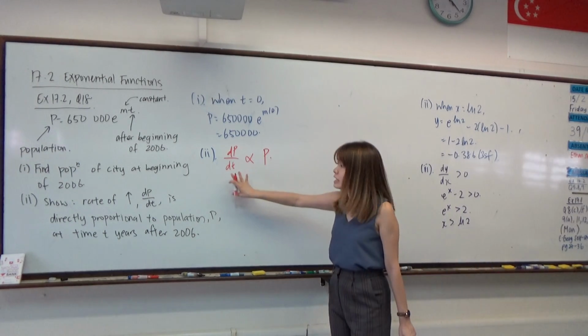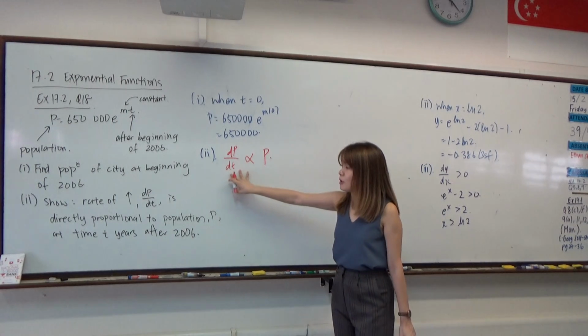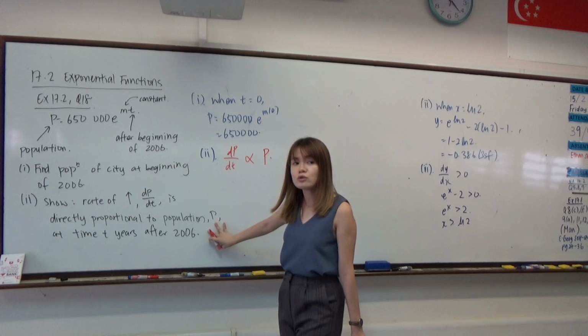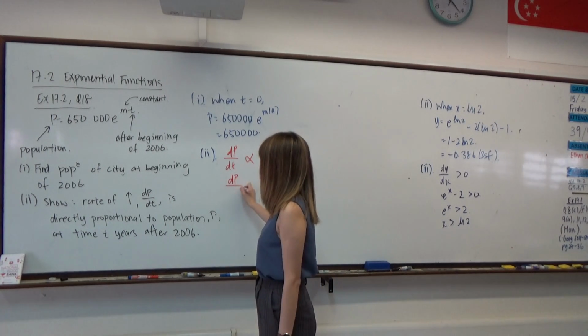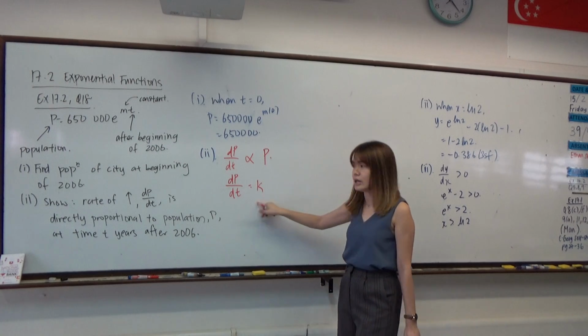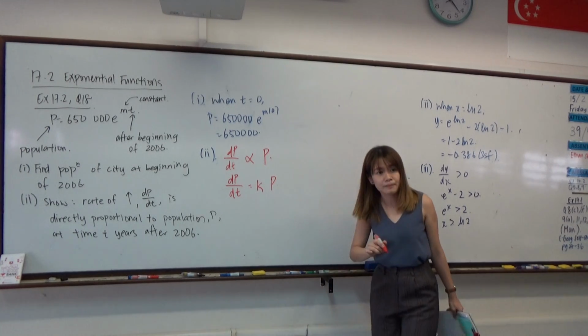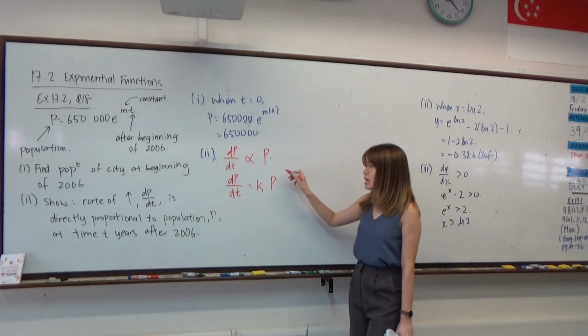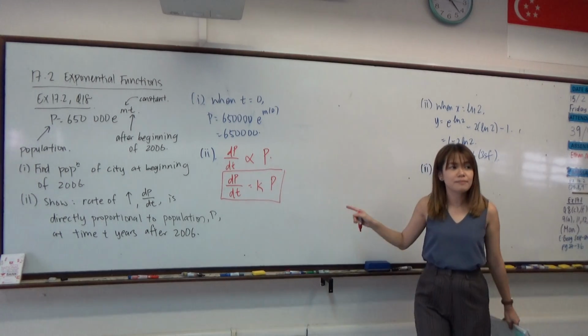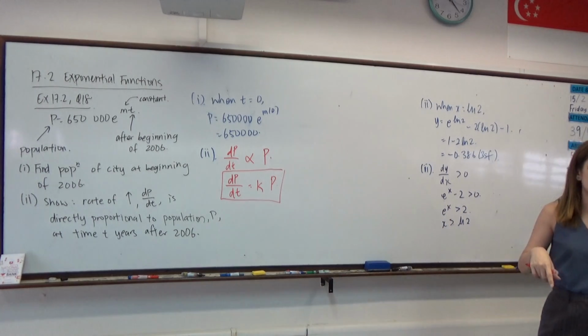In this case, if I want to have the rate of increase directly proportional to P, in order to show it, that means I must have an equation dP over dt equals some constant k times the population. I must be able to show that such an equation is fulfilled. You understand what I'm saying?